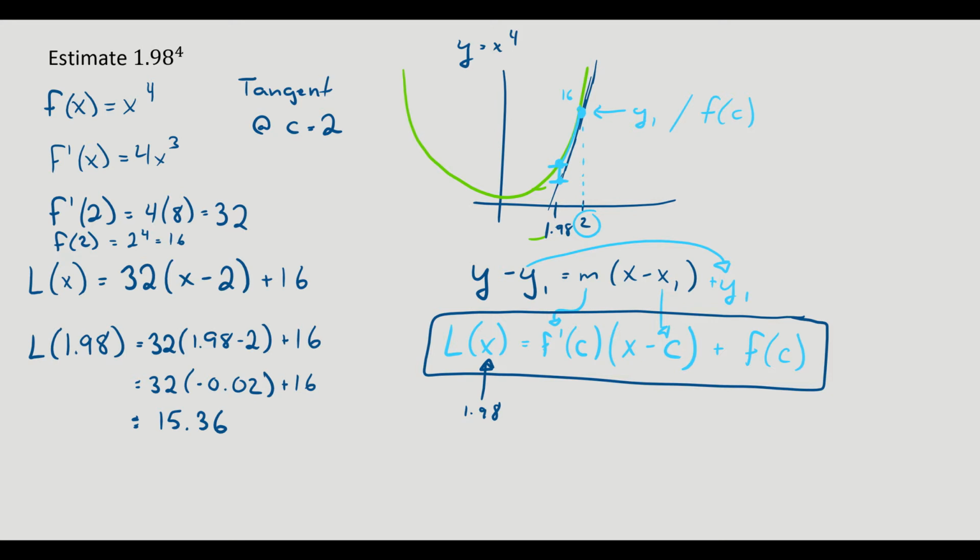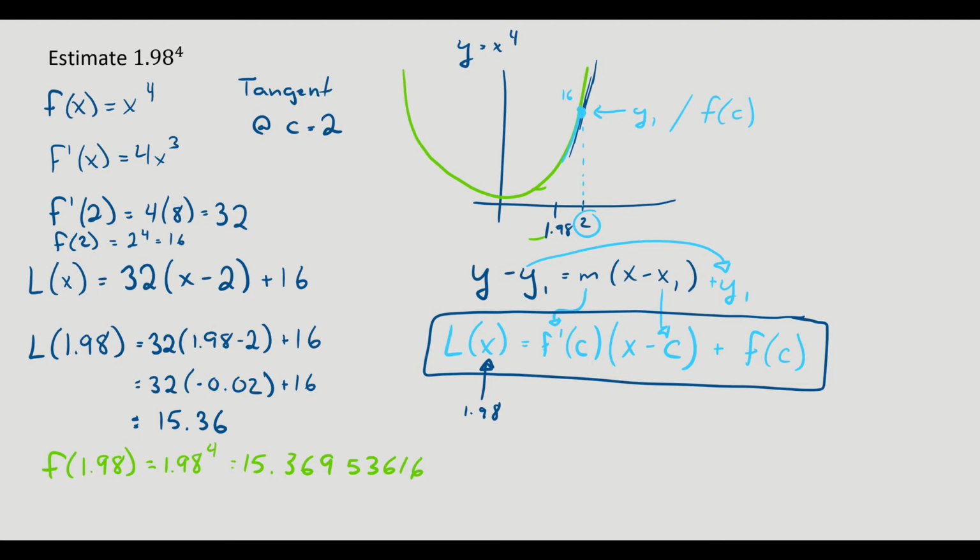Now for purposes here, we're going to look at the actual value and compare these two things. If I were to use my calculator and find f of 1.98, so that means 1.98 to the fourth power, what would I get? Actually, something very close. I get 15.36953616. So very, very similar.